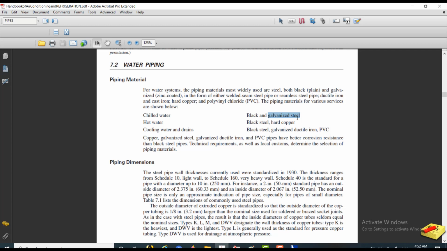But if you use galvanized steel, it is galvanized outside and inside, so that is its advantage, but the cost is the disadvantage. On the owner's side, it has a good impact in terms of maintenance because galvanized will really prolong the lifespan of the chilled water system pipes.